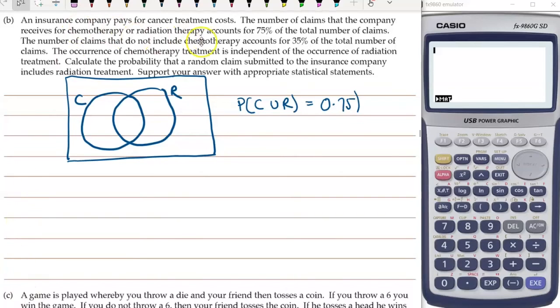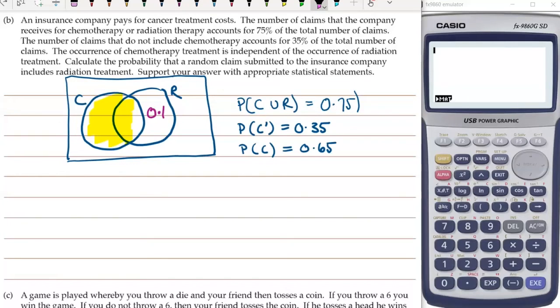Then the number of claims that don't include chemotherapy is 35%. So probability that it doesn't include chemotherapy is 0.35. Which makes the probability that it does include chemotherapy 0.65. So this whole circle here will make 0.65. Then the two circles combined have to make 0.75. So then this piece here must be 0.1.